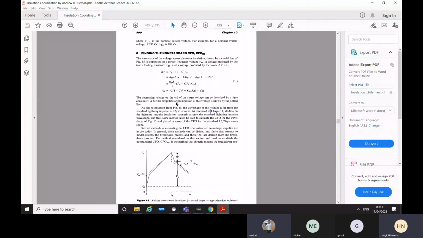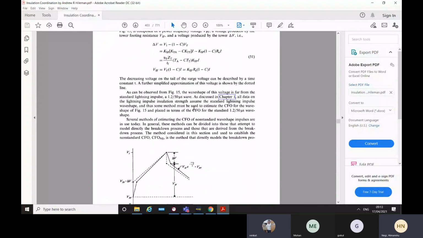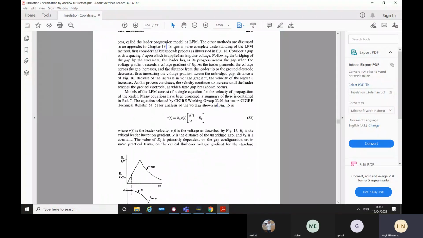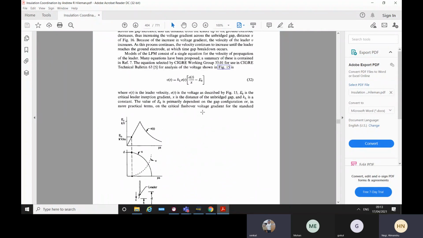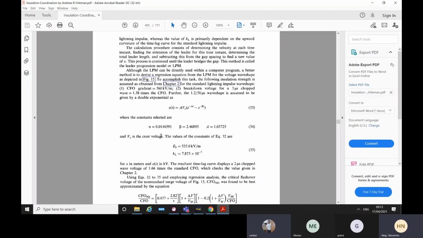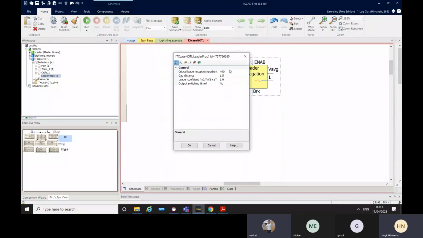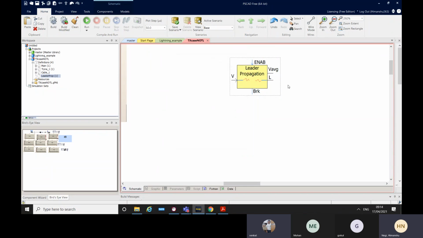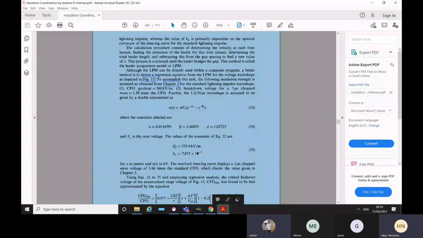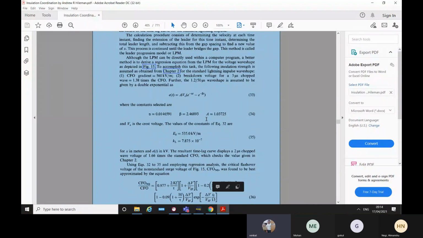It explains this LPM method and gives some calculations and equations, and that's how these folks have calculated these variables like the gradient, for example alpha, beta, and then the gap distance. They definitely come up with something from here. Then we have to go through this completely.